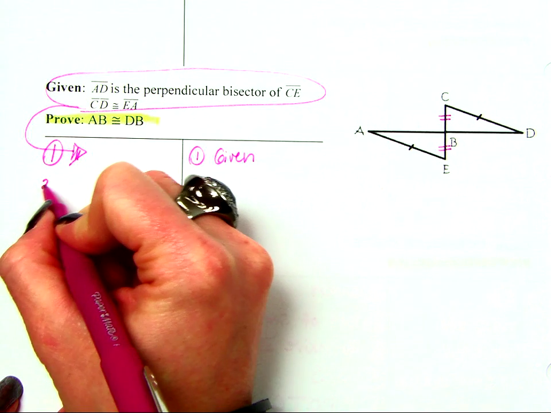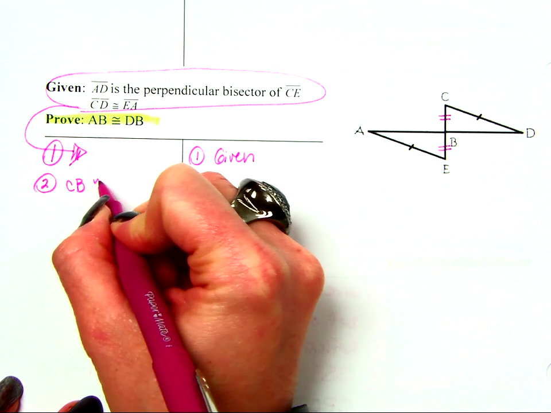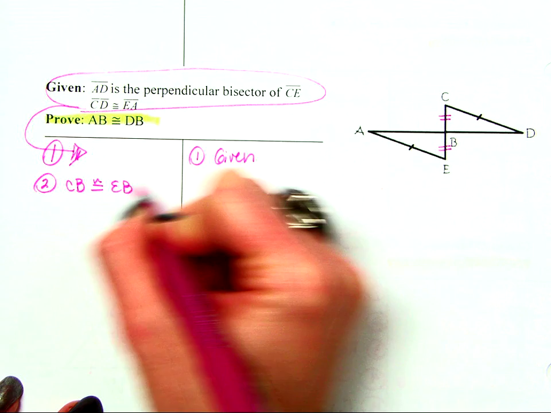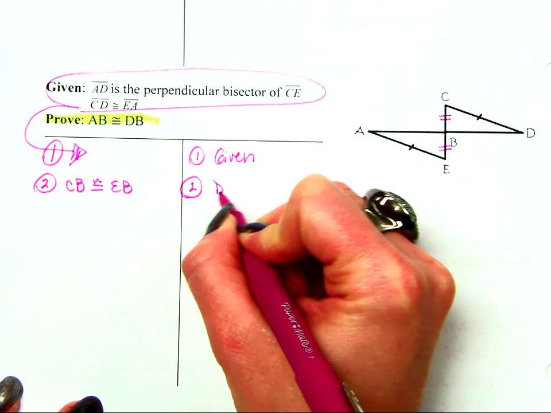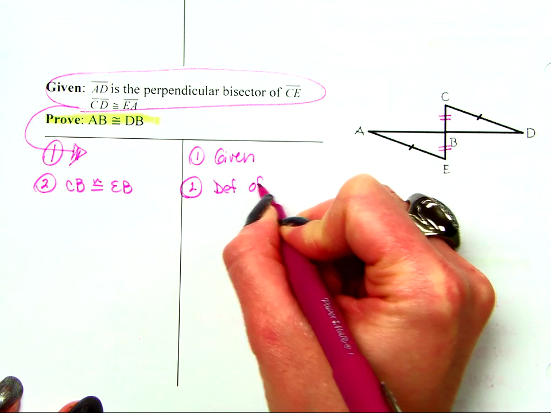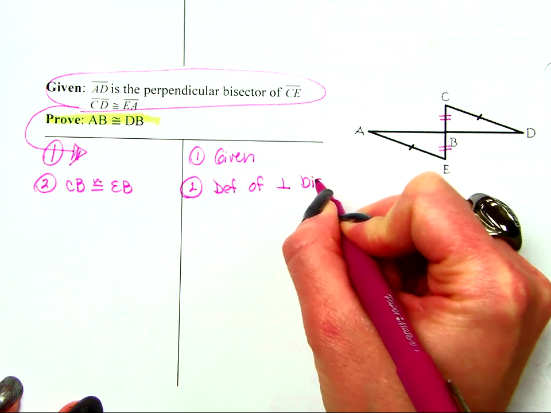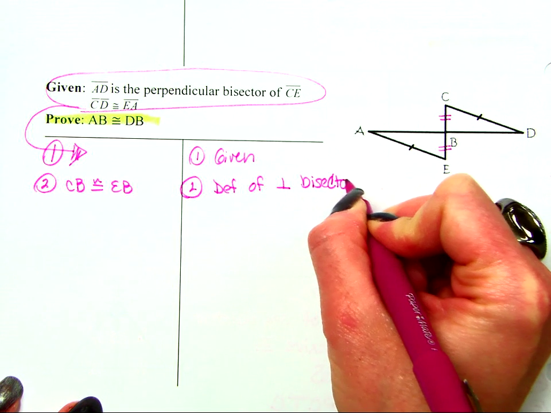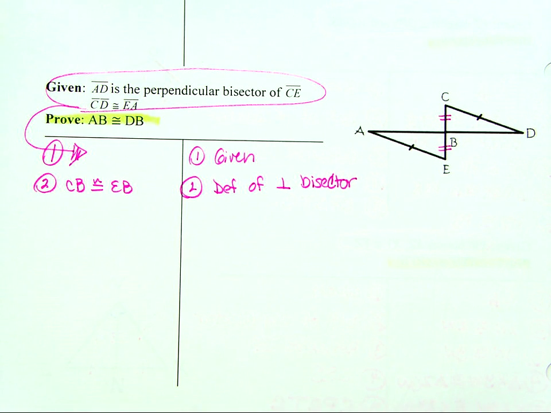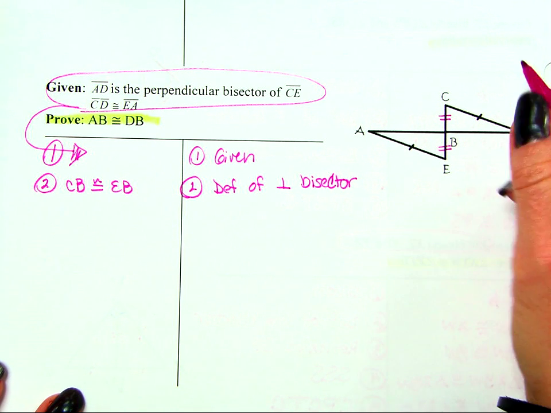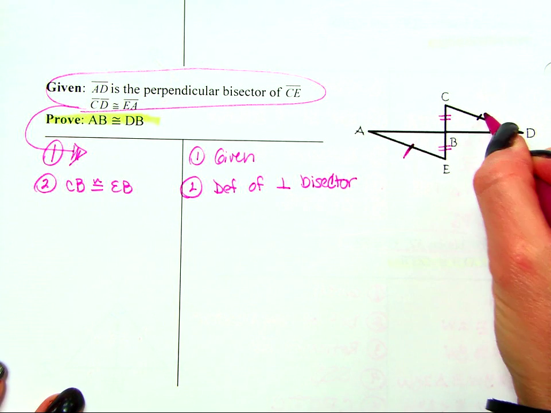And I'm going to go ahead and state that. Why do we know? Well, that's because of our perpendicular bisector. They tell me that CD is congruent to EA in my givens as well, and that is marked.